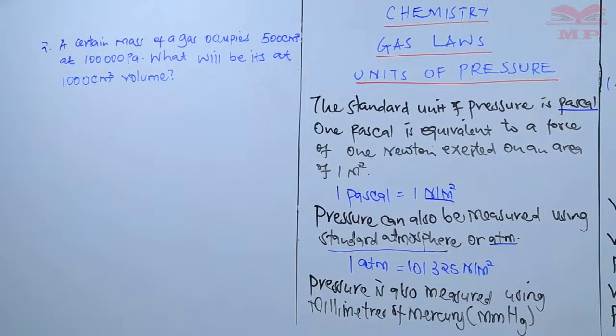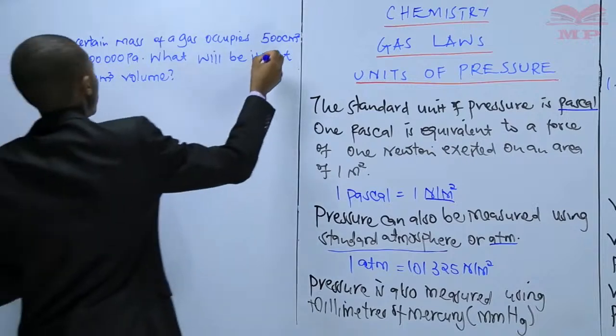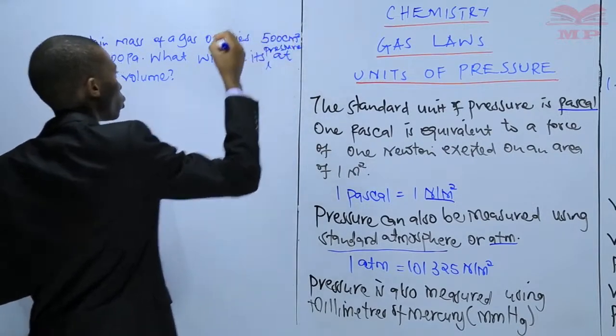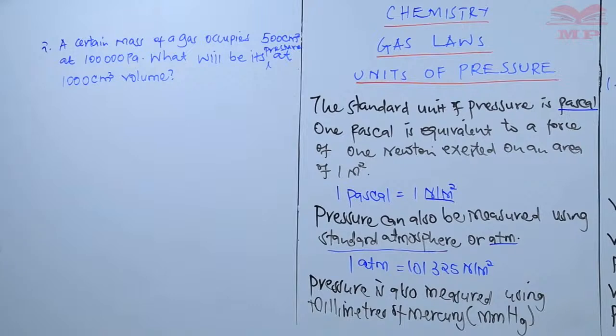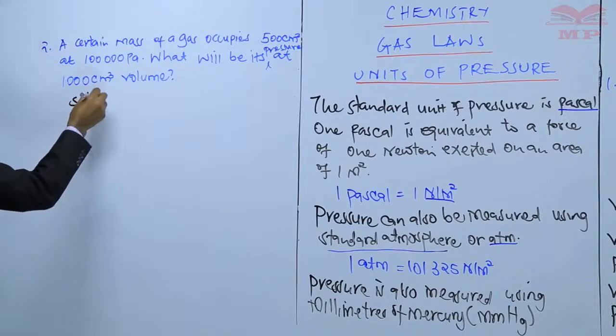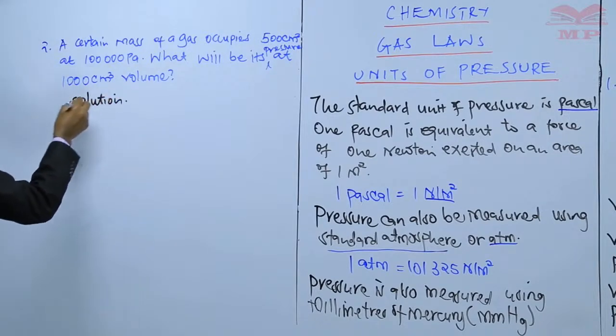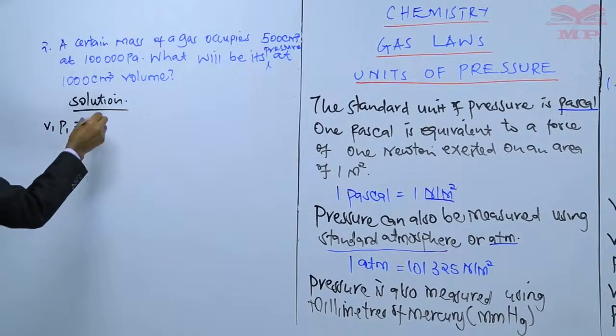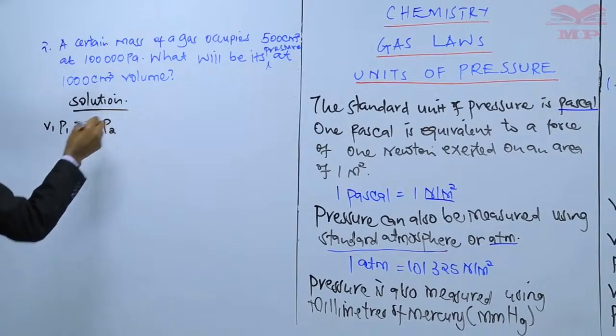What will be its pressure at 1,000 centimeters cubed? Solution: remember our expression is still V1 P1 equals V2 P2.